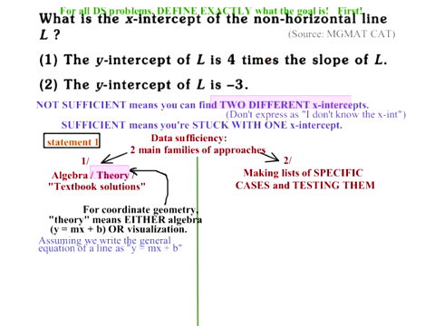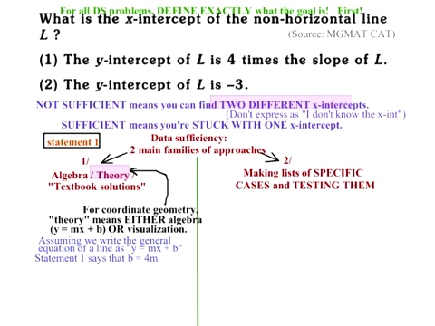A couple of you guys are doing the substitution already in the chat box. But statement 1 says that b is equal to 4 times m. So this becomes a substitution that you can use, right?